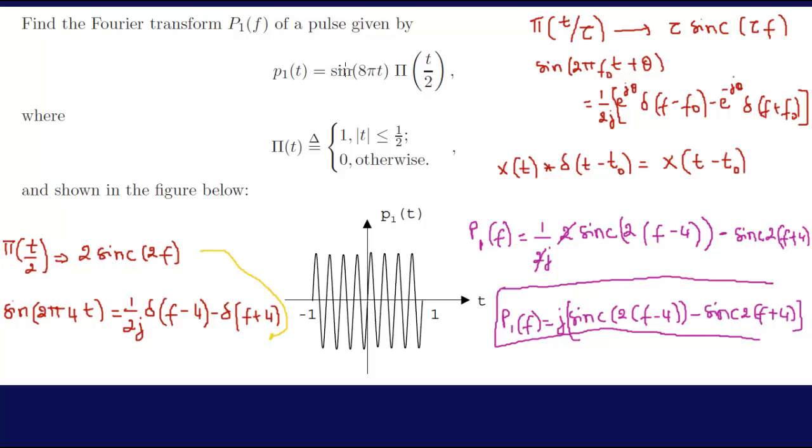We used the transform table as well to find the transform of sine of 8 pi t, which is over here, and then we used convolution to find the final function. So this is a convolution property for a delta function, and we just applied it here, and that's pretty much it. So pretty straightforward over here, right?